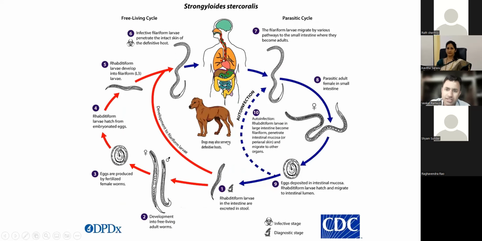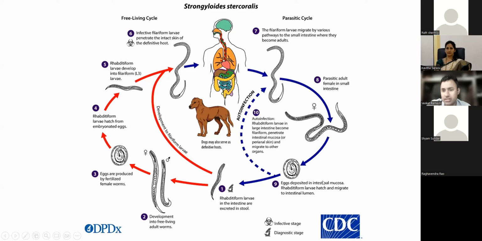For Strongyloides, it is a little complicated, but just remember the rapidly formed larvae are in the intestine, are excreted in stool in the uncomplicated cases. They can directly or indirectly develop into filariform larvae, which penetrate the intact skin of the definitive host, which is man. The filariform larvae migrate by various pathways to the small intestine where they become adults. And here you have the larvae developing into parasitic adult females, which then deposit the egg in the intestinal mucosa.